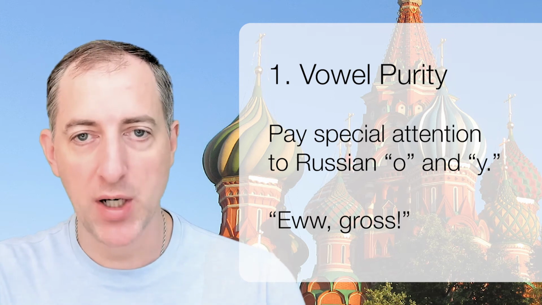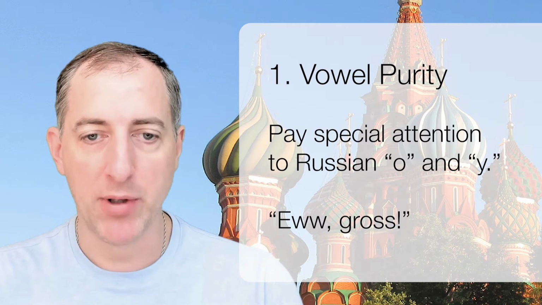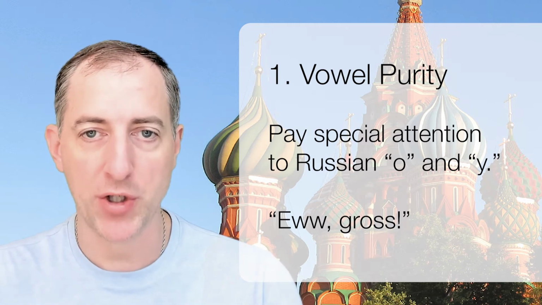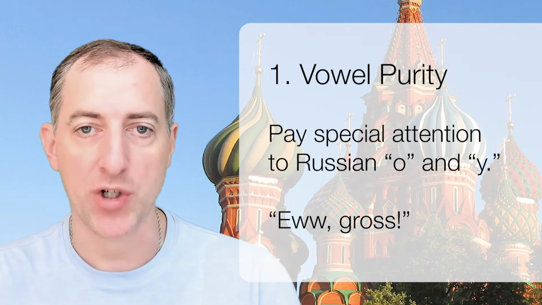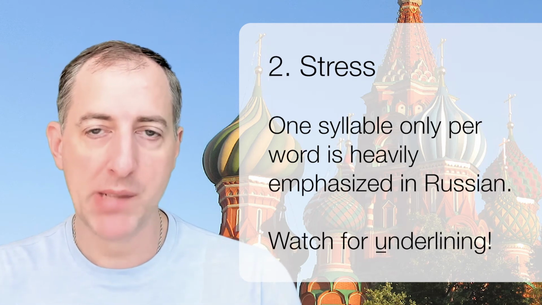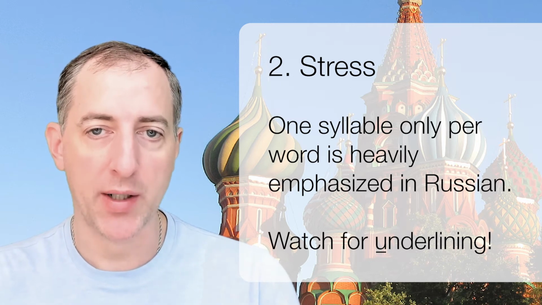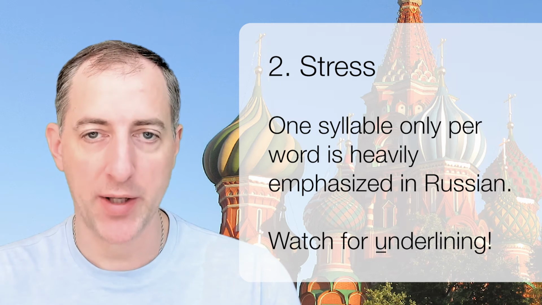Okay, the next issue we also talked about yesterday, and it's fairly straightforward, although as time moves on, we'll see that this is going to be a huge issue. As I mentioned, it's really one of the most difficult things about learning Russian, and that is stress. This means basically that one syllable per word in a Russian word is going to be clearly emphasized over all the others.